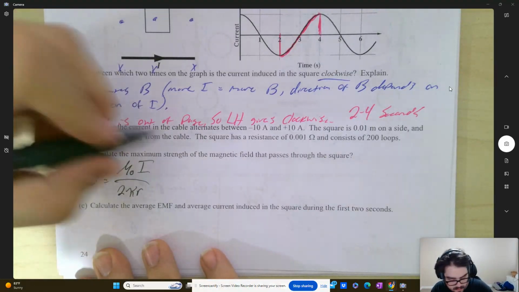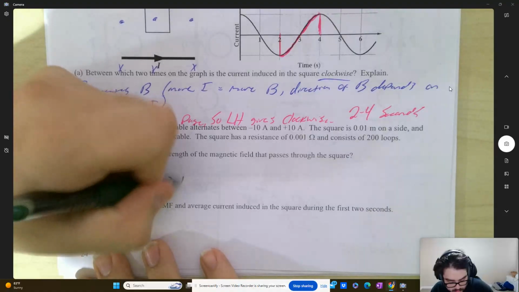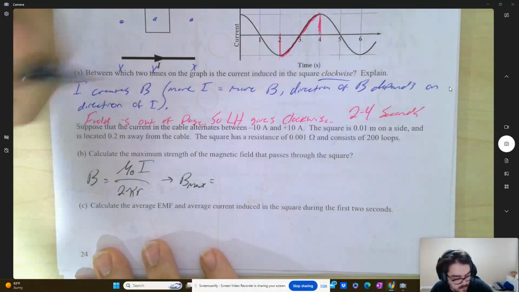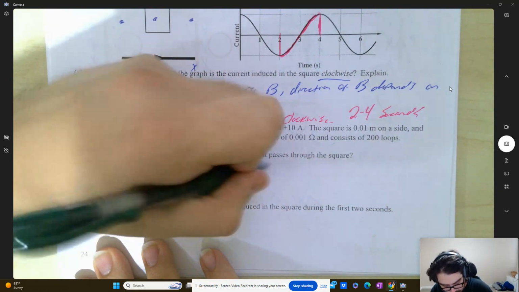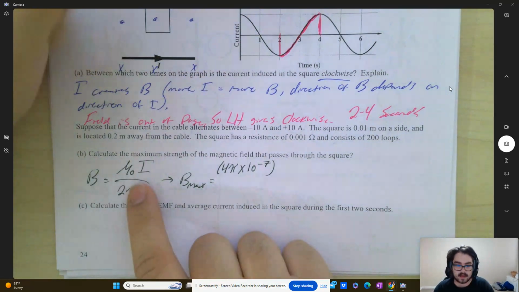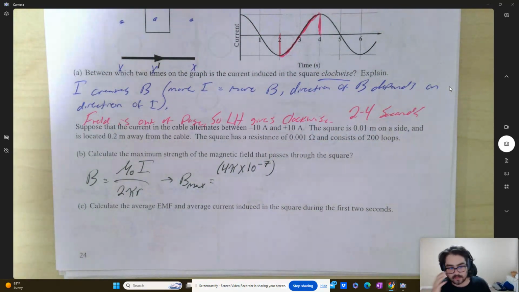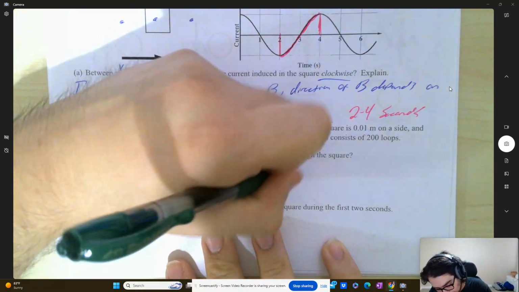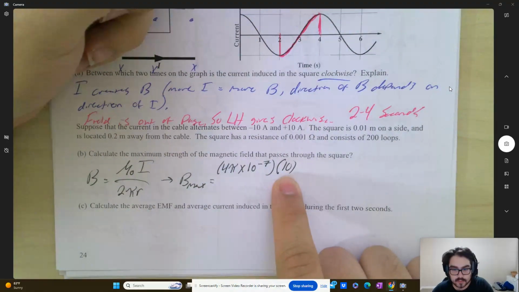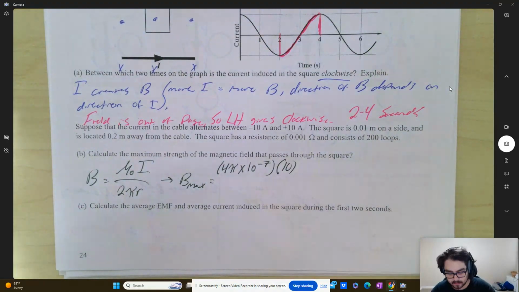And so to get B max, you would then get 4 pi times 10 to the negative 7. I don't like simplifying it, because if you simplify it, you would obviously have something different in the numerator. I'm going to use 10 because that's the highest amount of current, so that's the maximum B field.